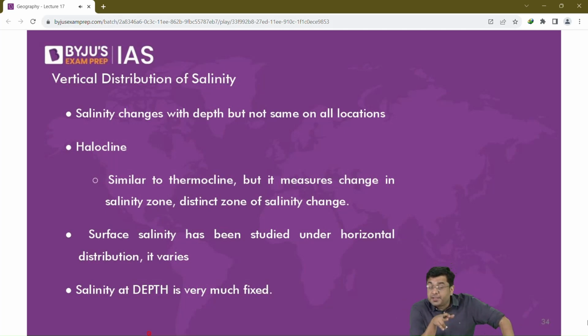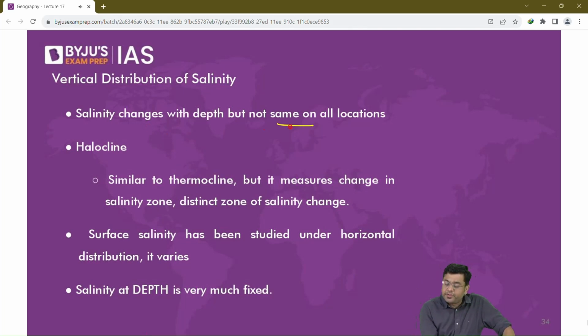Now, just like in the case of temperature variation with depth, there is a variation on the surface, and in order to attain consistency at the bottom, there is a zone of transition where salinity suddenly changes. That is what we refer to as halocline. Just like earlier we had thermocline, here we have halocline.